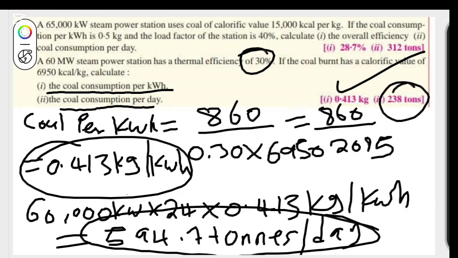No, they get 238 tons per day. So I don't know the problem, or maybe they have some mistake, but I don't know, because I follow the right way to solve it. But if you realize there is another way that will get the answer, but unfortunately, maybe they are mistaken. So let's move to the next question.